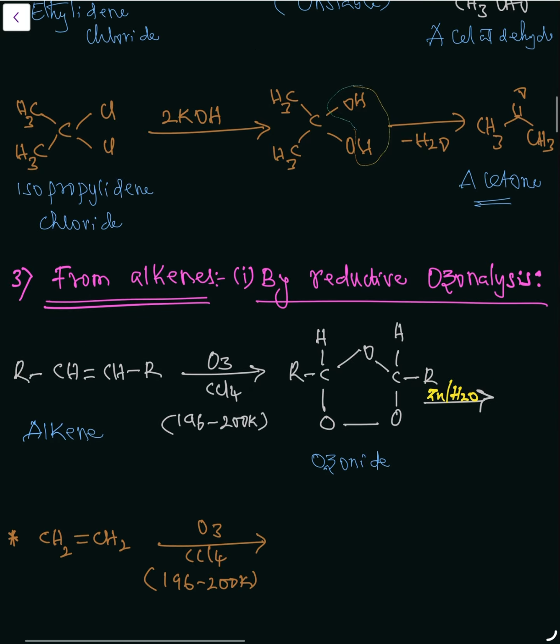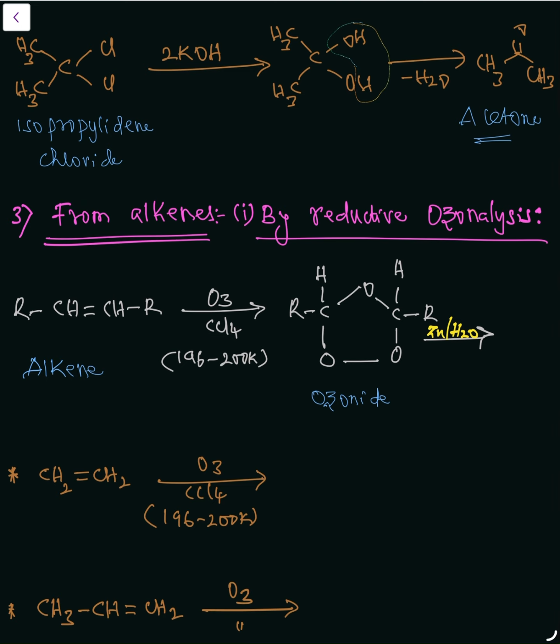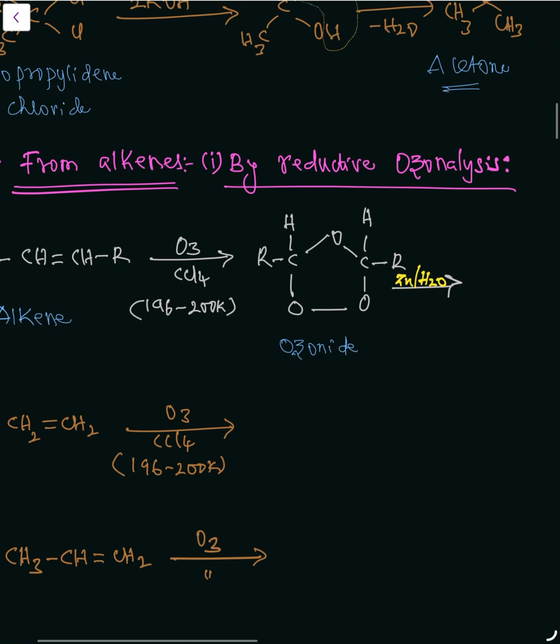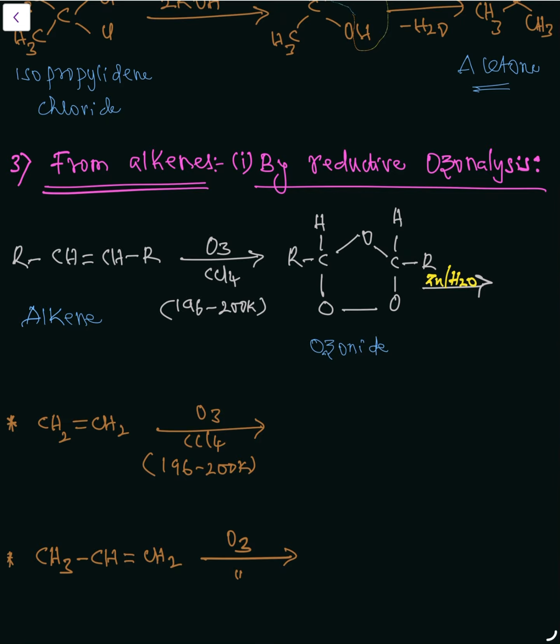Next, from alkenes also we can prepare carbonyl compounds. First one is reductive ozonolysis. By ozonolysis reactions, carbonyl compounds are formed. In the first case, an alkene when treated with ozone in the presence of CCl4 at 196 to 200 Kelvin forms an ozonide, an intermediate, which is unstable.